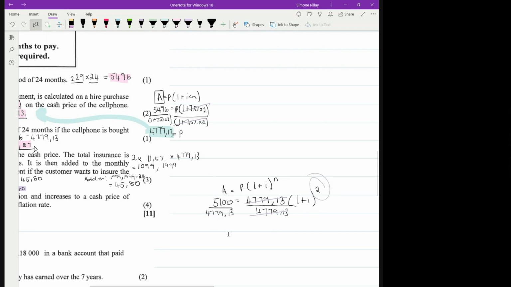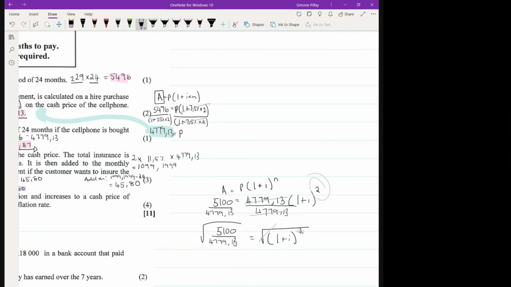I'm not going to put it in my calculator just yet. You can if you want, but for me, it's easier to just do it all at the end. I'm going to square root that. And I would have been left here with 1 plus i squared, and now I've also square rooted that. What's going to happen here? My root and my square are going to cancel.